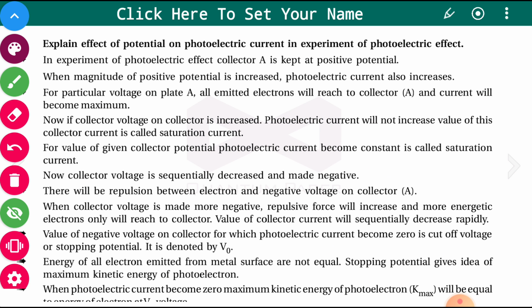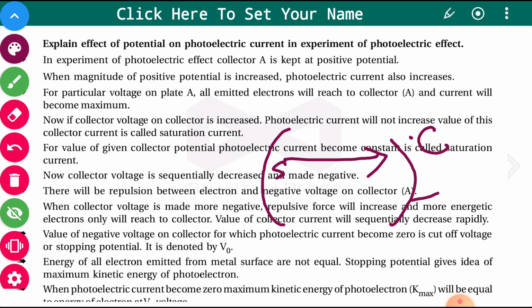After that, what will happen? If you go on increasing the value of the collector voltage, the number of electrons in the circuit are not going to increase, because whatever number of electrons which are emitted from the photosensitive surface, they all are reaching the collector.